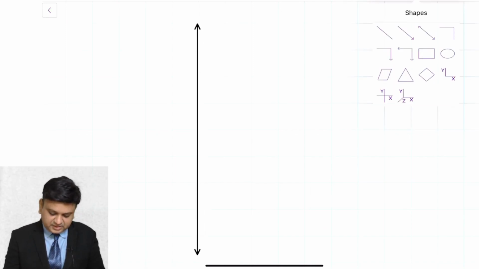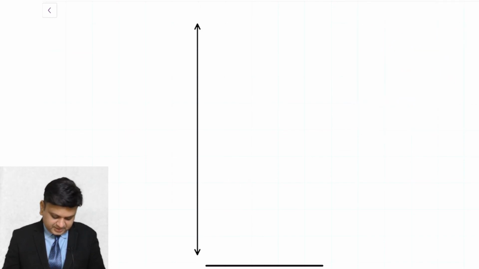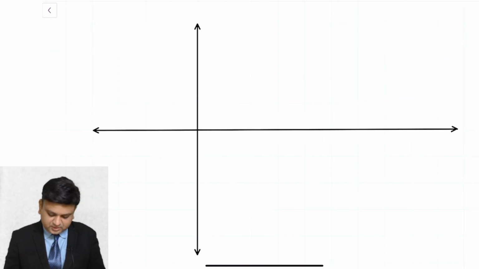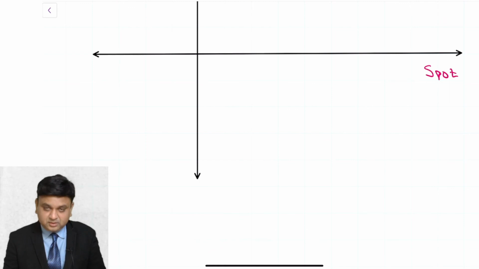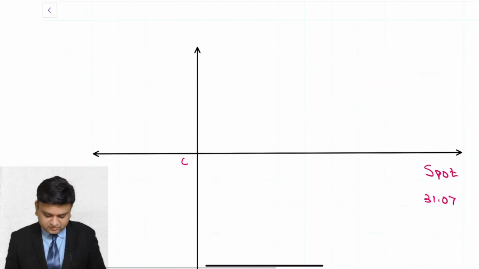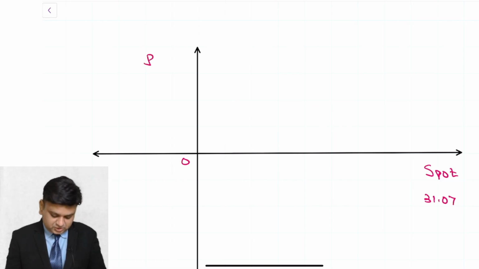On x-axis we will take the independent factor, that is the spot price of the equity share on 31st of July, and on y-axis we will be taking the profit or loss.